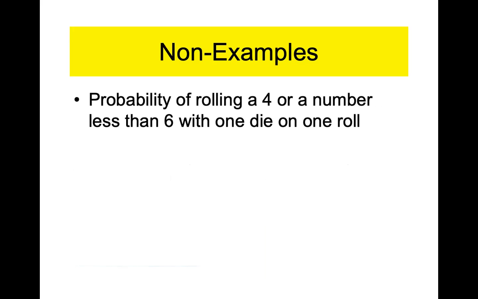So what's the probability of rolling a 4 or a number less than 6? Can you do both of those at the same time? What's the first thing I have to get? A 4. Is 4 less than 6? Yeah. Well, it's both of those. Here's the opposite of what we're doing today.